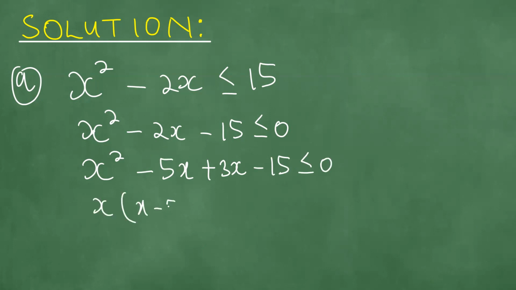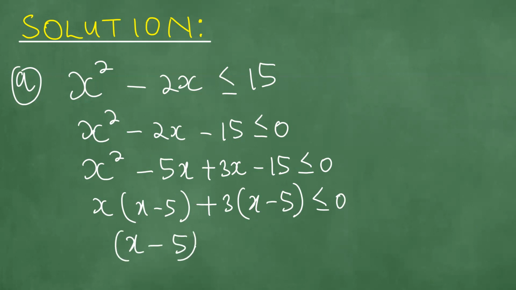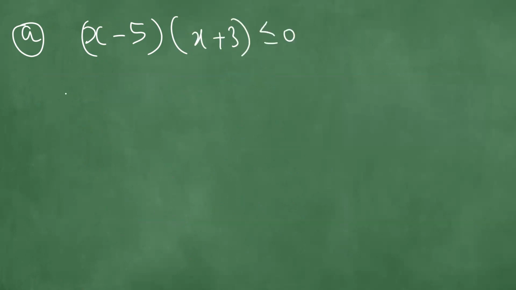Factorizing with x into x minus 5 plus 3 into x minus 5, like this. We factorize like this. Okay, next, given that in part A we actually have x minus 5 into x plus 3, we proceed to focus on what we call the critical values.